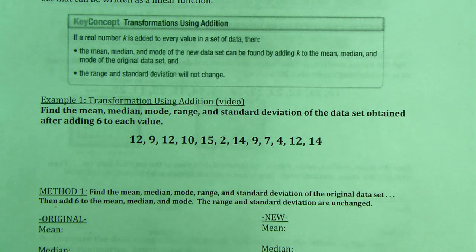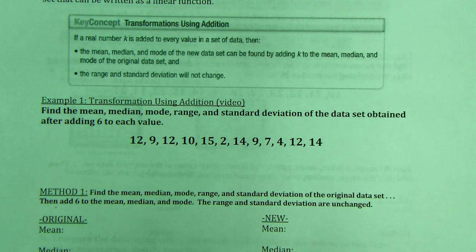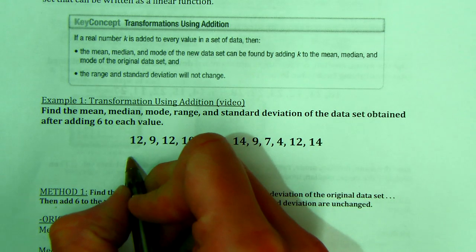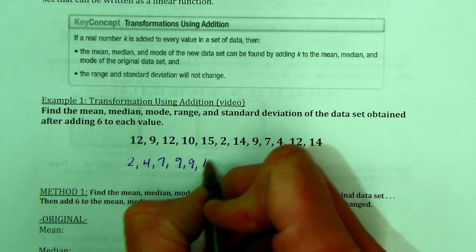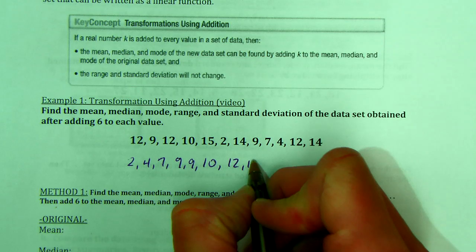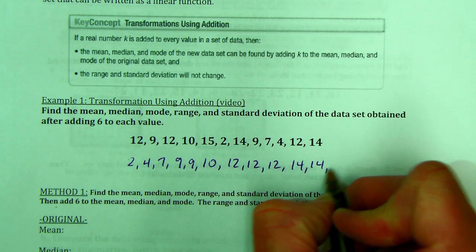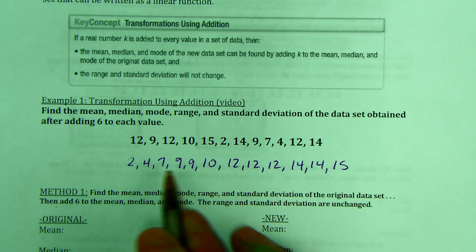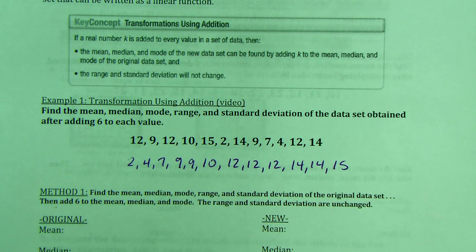So I've got 2, 4, 7, 9, 9, 10, 12, 12, 12, 14, 14, and 15. That's 12 numbers. So my middle number is going to be between the 10 and the 12, so my median is 11.